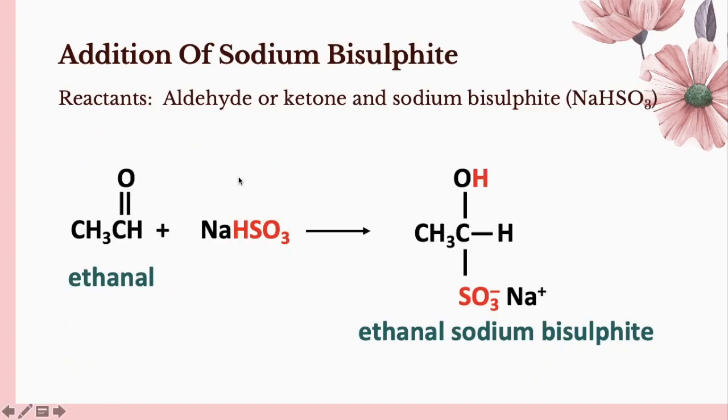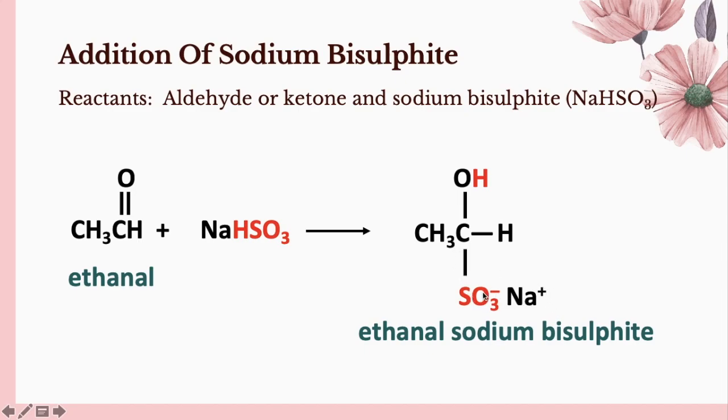Addition of sodium bisulphite. Reactants can be aldehyde or ketone and sodium bisulphite, NaHSO3. This example uses aldehyde, ethanal, reacting with sodium bisulphite. SO3- will attach to the carbon that has C=O, and then the Na+ will bond to SO3-, becoming SO3-Na+.